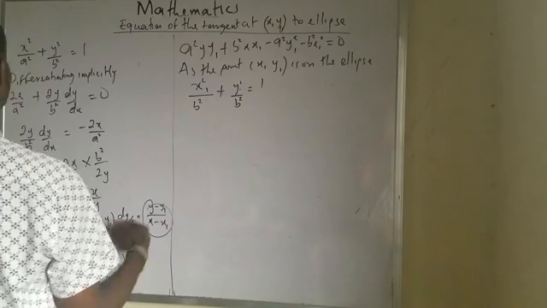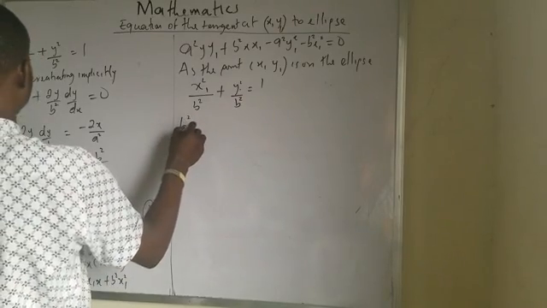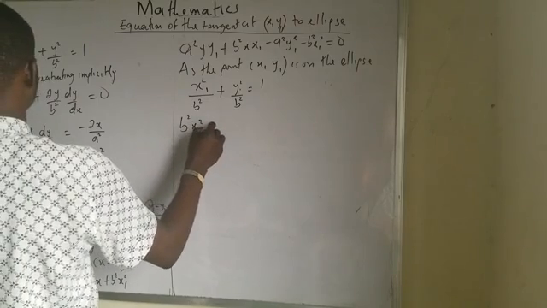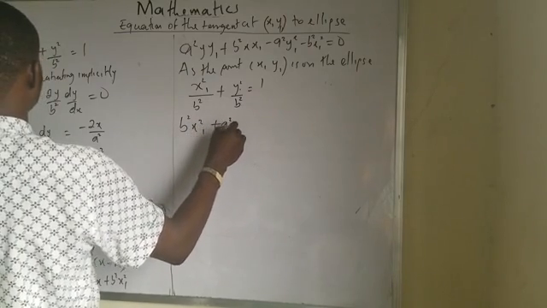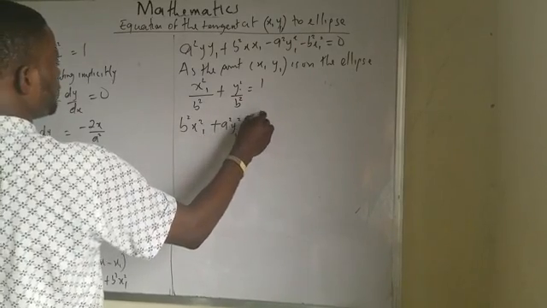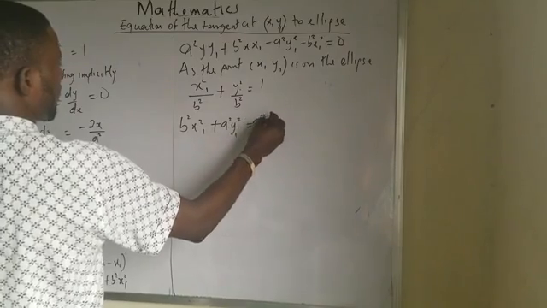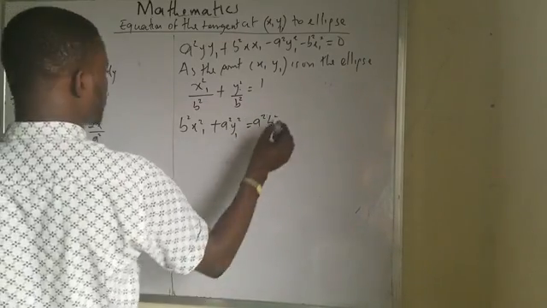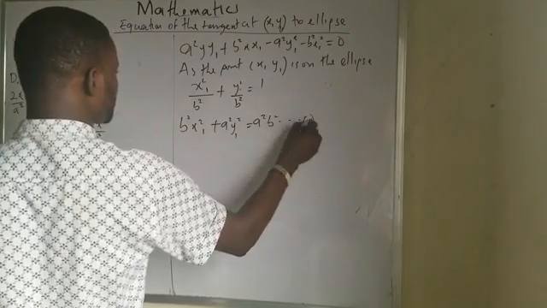It means I'll be having b squared x1 squared plus a squared y1 squared equals a squared b squared. Call it equation naught.